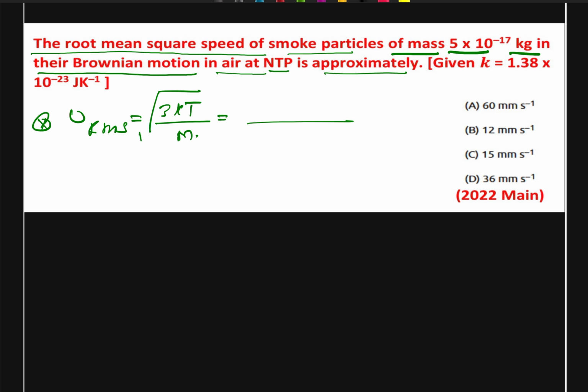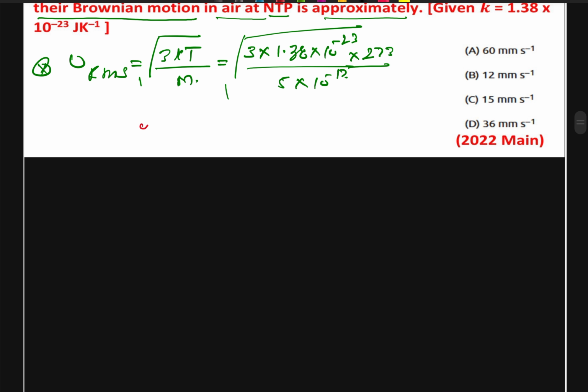This will be giving us 3 k is 1.38 into 10 to the minus 23, normal temperature is 273 Kelvin, and mass is given to us as 5 into 10 to the minus 17, and its square root. So we get the velocity will be equal to 15.03 meter per second. So option C is correct.